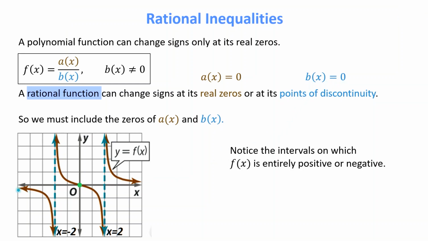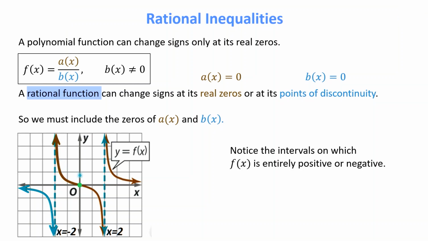So if we start from the left-hand side, we have this section in red here, which is below the x-axis, so f of x is entirely negative. Then we have the asymptote, and then this section here in blue is entirely positive because it lies above the x-axis, and we can see a sign change has occurred at this point of discontinuity. So it's gone from negative to positive.